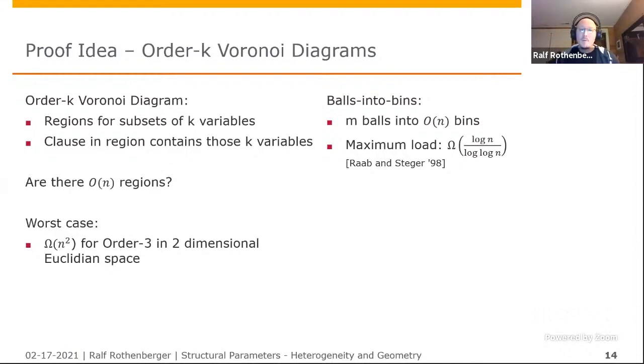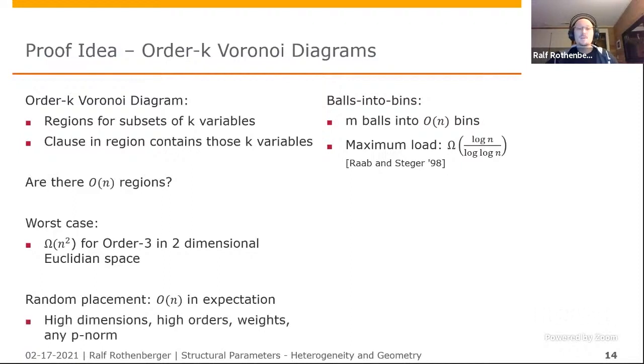However, the thing is we don't have a worst case, so we randomly distribute our variables uniformly at random, and we can use this fact to show that in expectation the number of regions is small enough. So this has already been shown before for high dimensions, for high orders, for weights, and for any p norm, but to the best of our knowledge, not for all of these things together, which is what we can assume now.